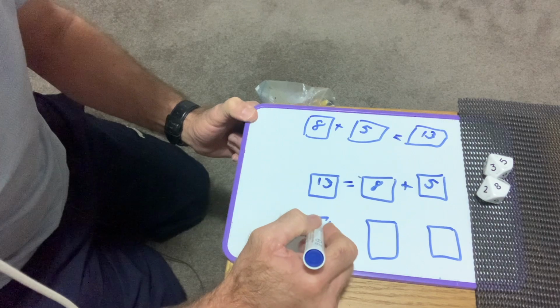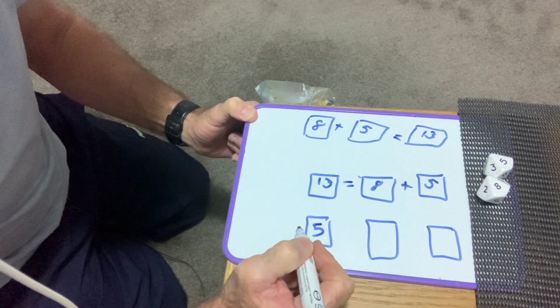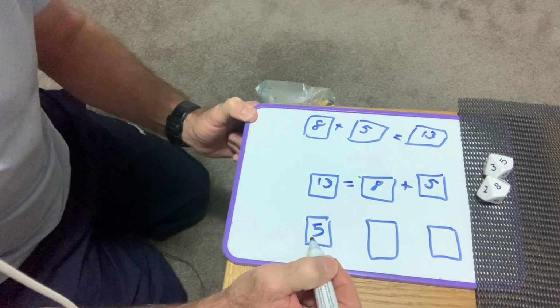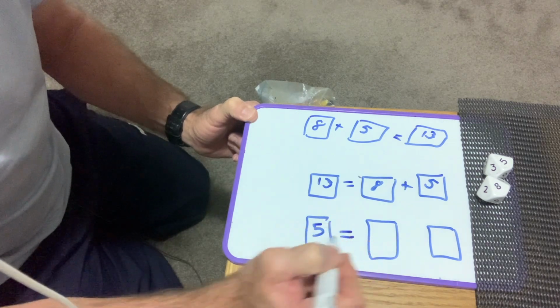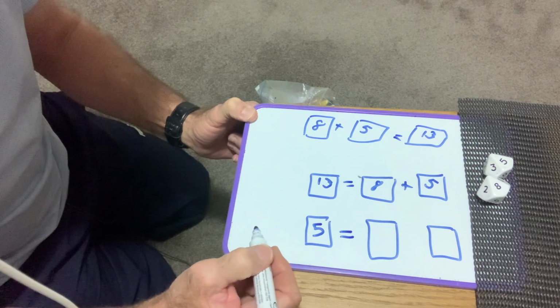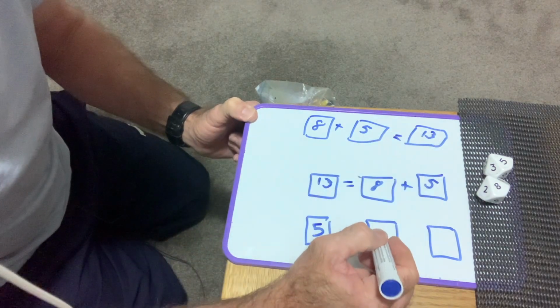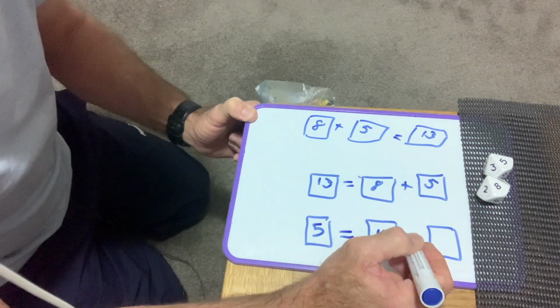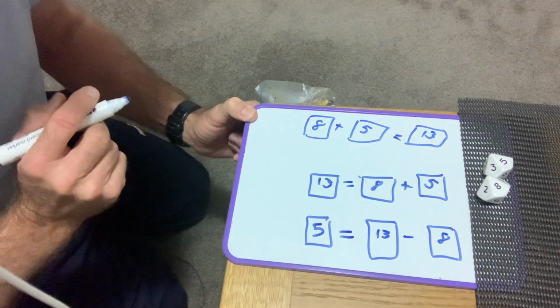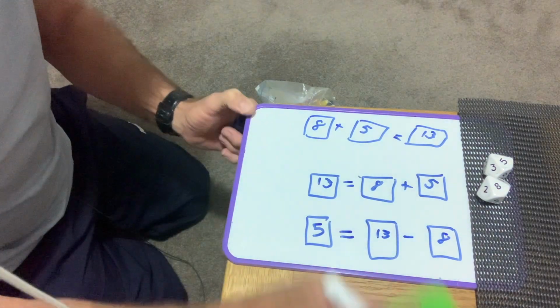What if I put the 5 there? Where would the other numbers go? What operations could I use? What if I said that? What do we do there? So 5 equals, well, we know 13 is the whole. 13 take away 8.